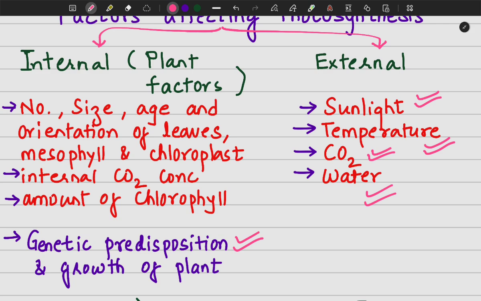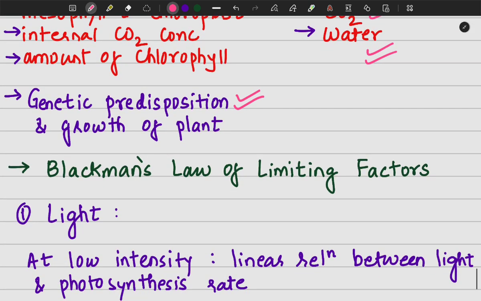That is, all these factors will work together at the same time and they will determine the rate of photosynthesis. So when one biochemical process like photosynthesis is affected by so many factors working simultaneously, then we follow Blackmann's law of limiting factor.